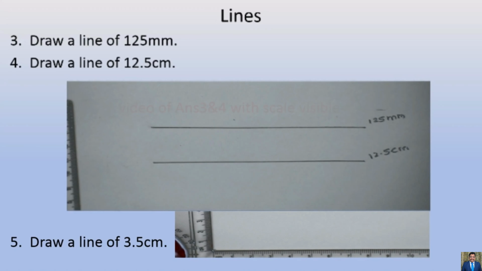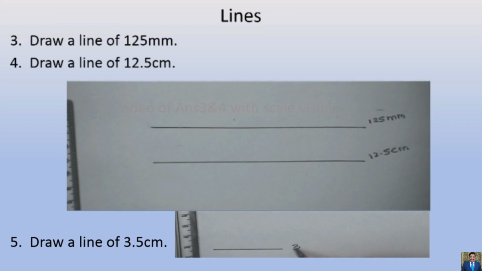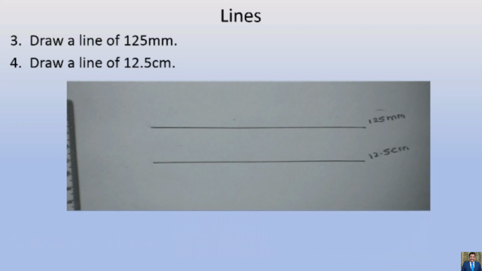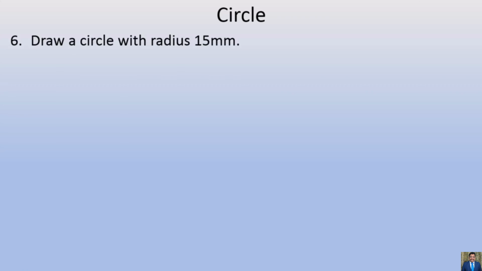Now we will draw a line of 3.5 centimeter. If it is given as 3.5 centimeters, you need to make sure that we take the point between the 3 and 4 centimeter marks. So this is a very small line here, which is actually not visible to you. So that was it. Now we will draw some circles, and I will show you first how to draw a circle with a radius of 15 mm.